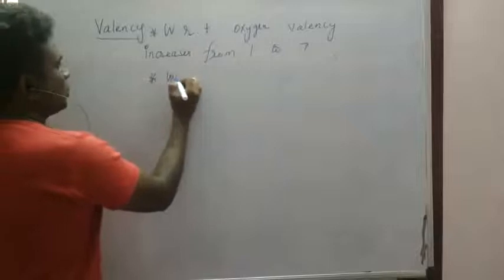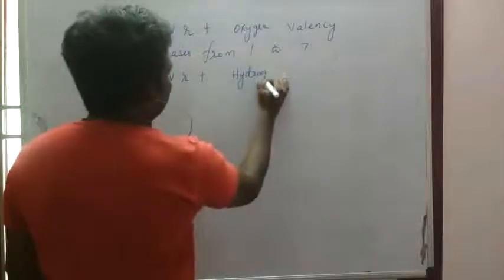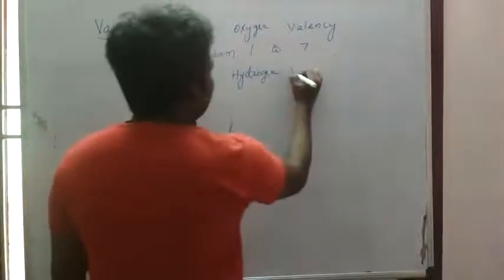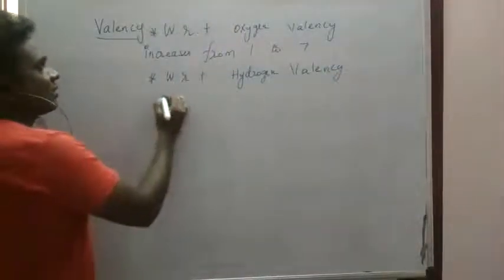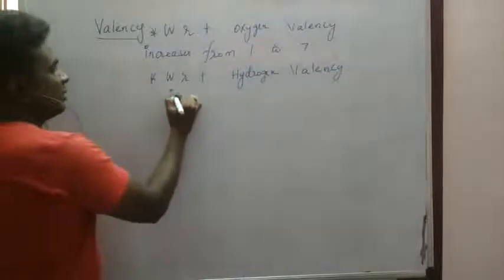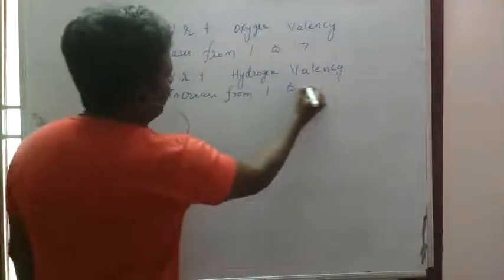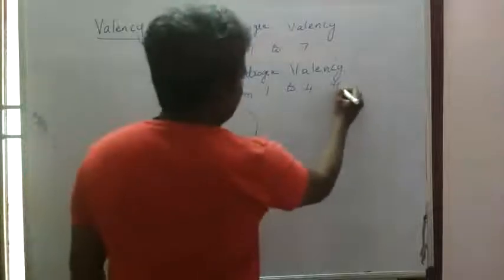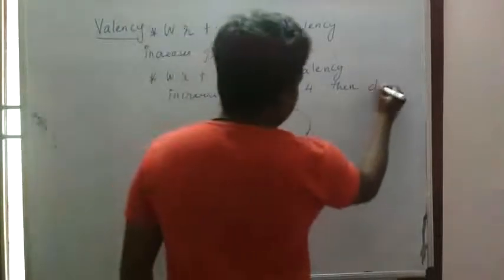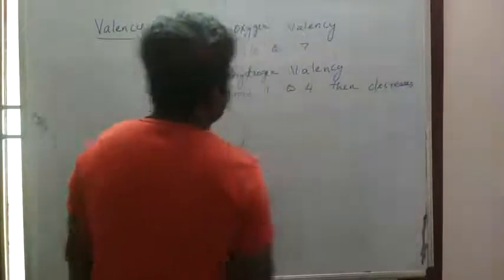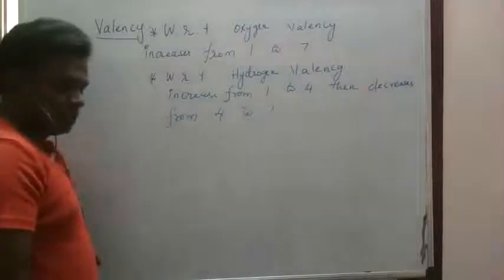But with respect to hydrogen, valency first increases from 1 to 4, then decreases from 4 to 1. This is a very important thing.